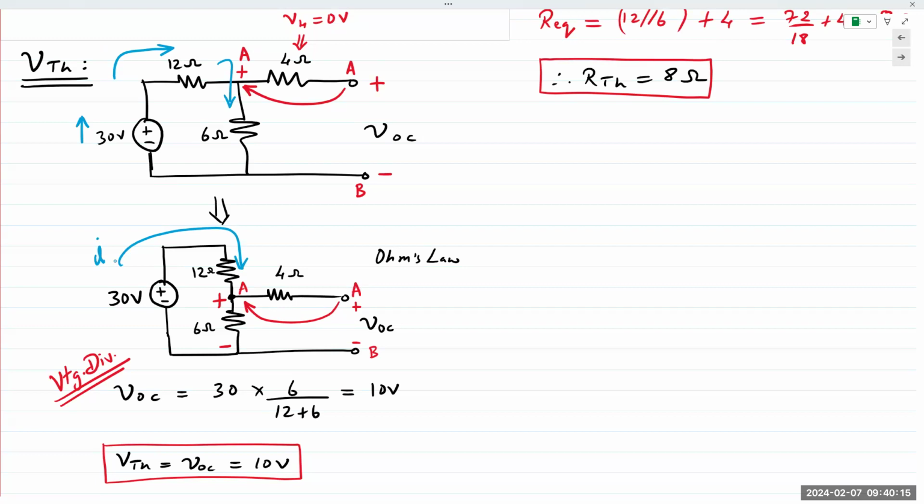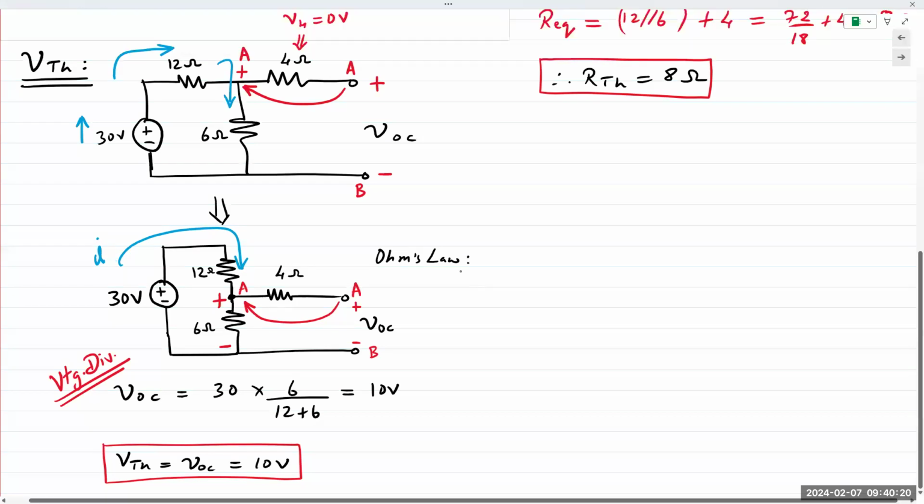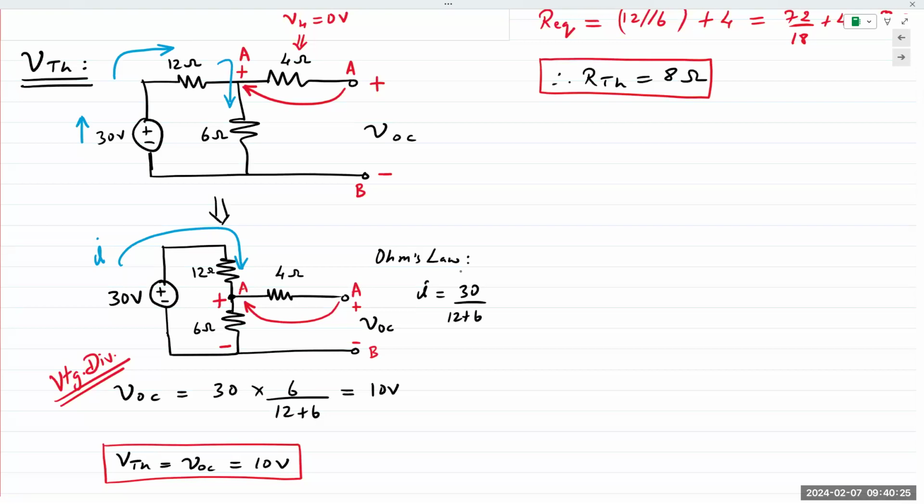So we can find the current I equal to 30 divided by 12 plus 6, right? And then we can find VOC by taking I times 6. Voltage division is just a shortcut by combining these two steps together. So one step. Does that make sense? Right? Okay.